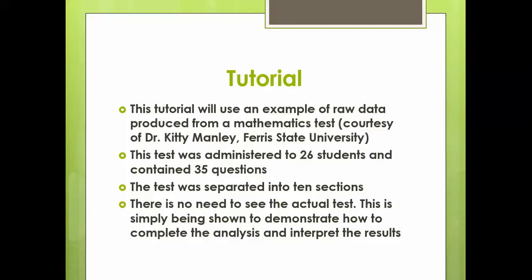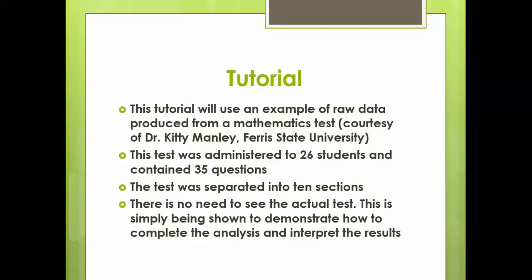So this is basically what the tutorial is going to be. This tutorial will use an example of raw data produced from a mathematics test. I want to thank Dr. Manley from Ferris State University for allowing me to use this example of raw data. This test was administered to 26 students and contained 35 questions.